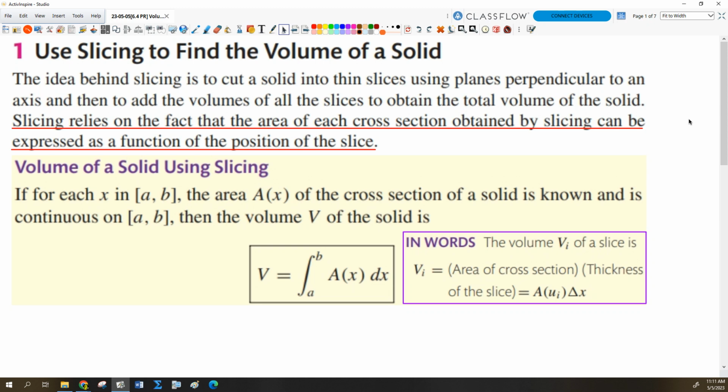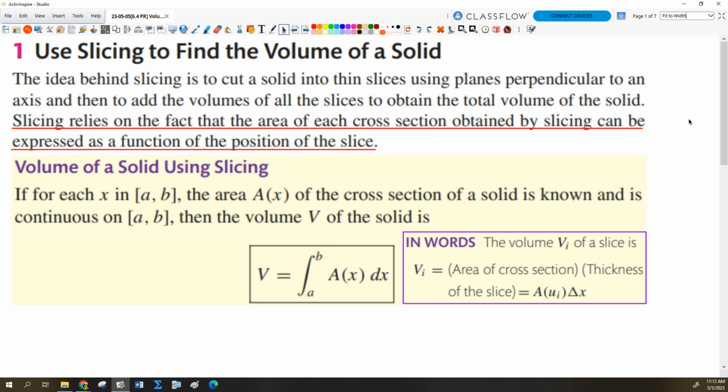So you could do candlesticks or stuff like that, right? That's something that's going to have rotational symmetry. If you set it on its base and spin it, it looks the same, right? Volumes of revolution all have that type of symmetry, about the axis that goes right down the middle.